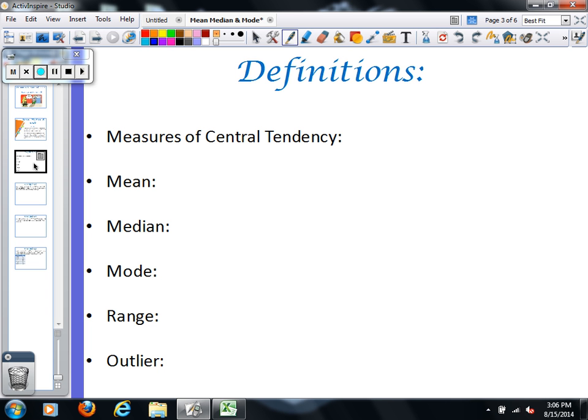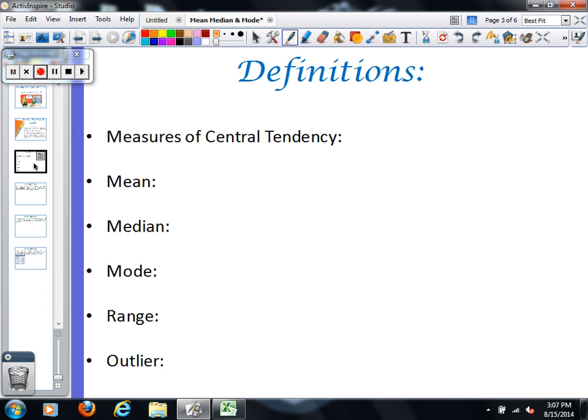But the biggest thing is that you need to come up with your own definitions, and these definitions need to be math related. You're not going to be looking up some of these definitions, like range, which may have a definition that really isn't related to math.